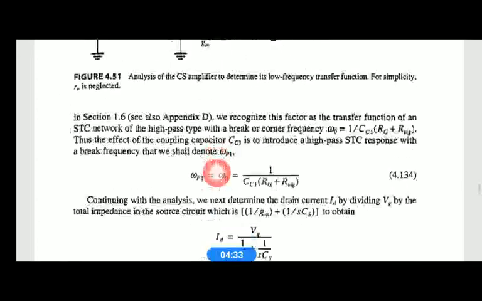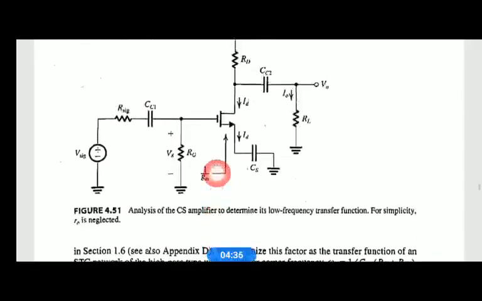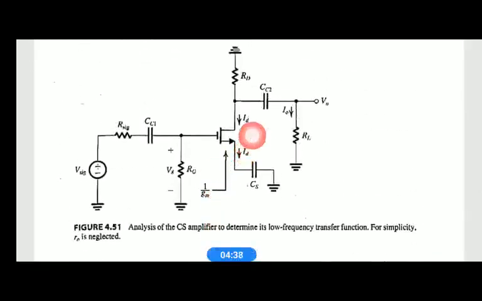Using this, we are going to analyze the effect on the circuit due to CC1, due to CC2 and due to CS. So we find out the cutoff frequency due to CC1, the cutoff frequency due to CC2 and the cutoff frequency due to CS.